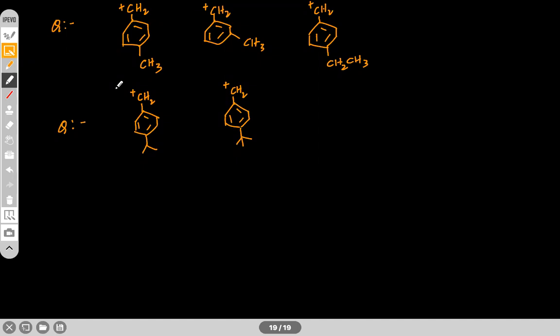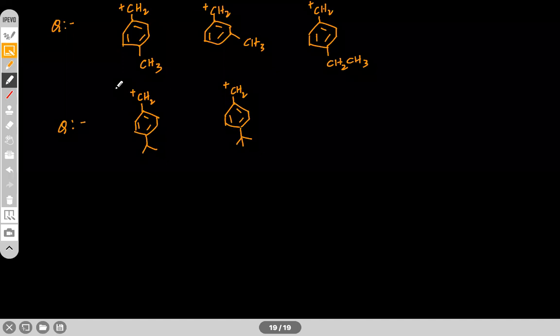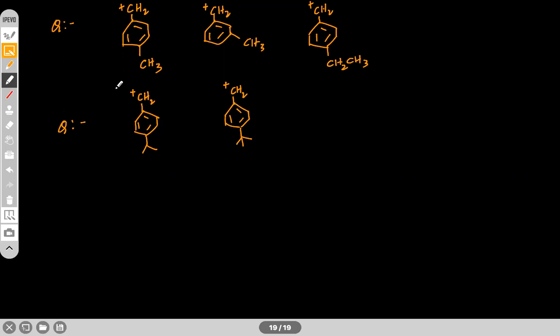See, the distance factor is applicable only in the I effect. Only in the I effect is the distance factor applicable. The first one, here you see, we have plus H effect at this position.